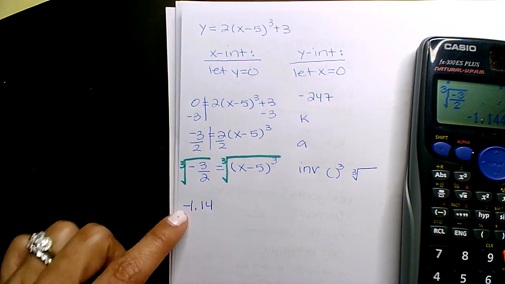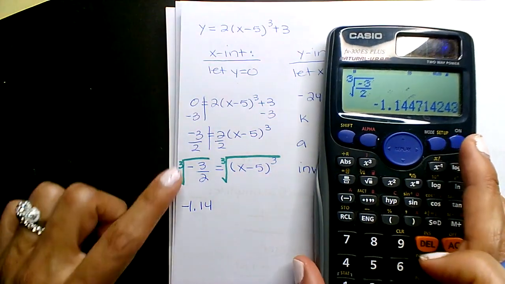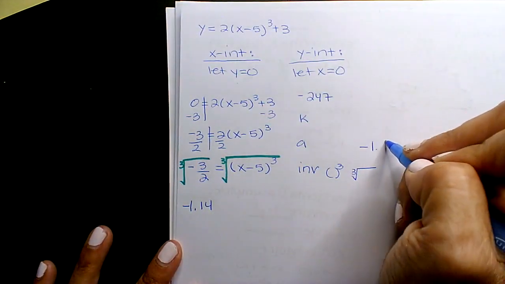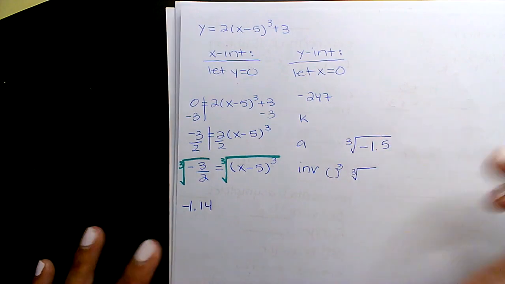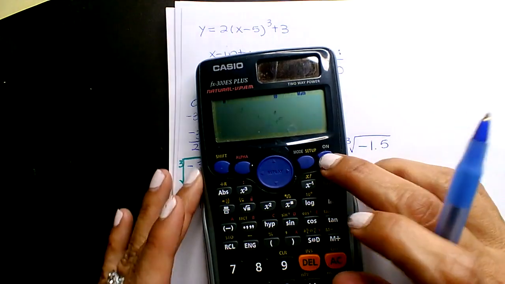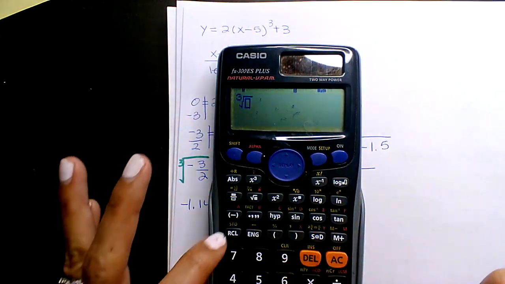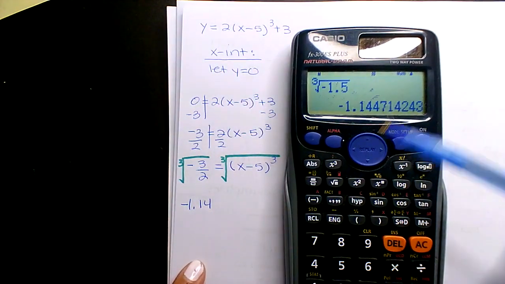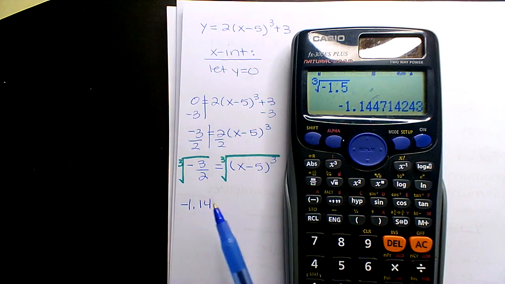Okay, so that's the equivalent. But for those of you that didn't want the negative 3 halves and you would have preferred the negative 1.5, then go ahead and cube root negative 1.5. You'll get the exact same number. Okay, so if you don't like the fraction, then you don't have to put in the fraction.